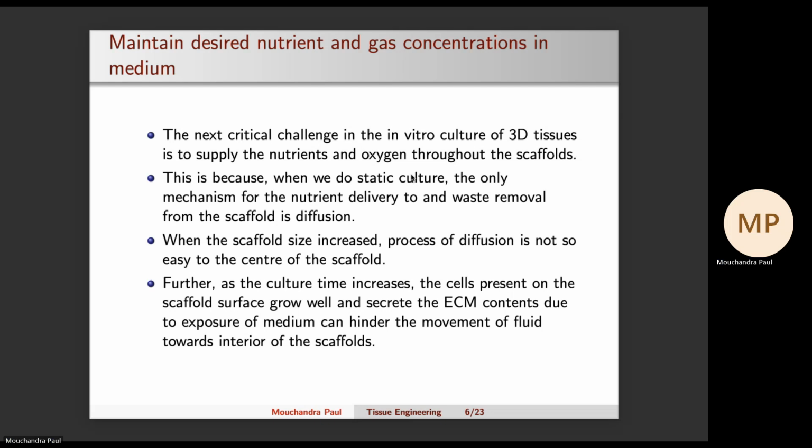So it's like a batch reactor, meaning everything is put together, the reaction happens, and then after some time, waste is removed. In static culture, we do that only. After 24 or 48 hours we change the media, and then again after the next 48 hours we change the media.